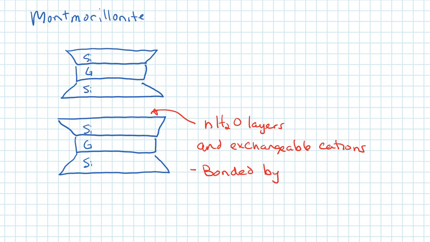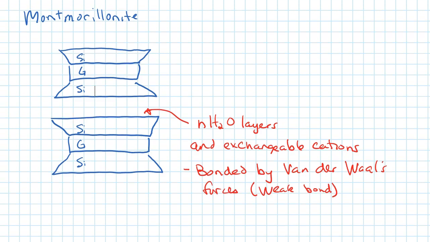Another important thing is that the bonding between these building blocks is by van der Waals forces, and what's notable about that is that the van der Waals forces are a weak bond, and so that allows for more water to penetrate or to build up around and between the building blocks of the clay. As a result, Montmorillonite has the potential to display significant swelling and shrinkage as the water content changes.